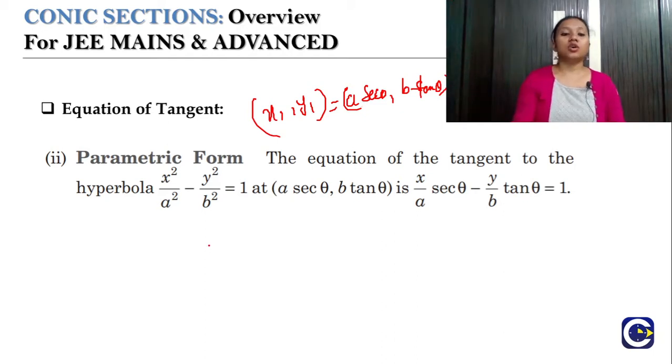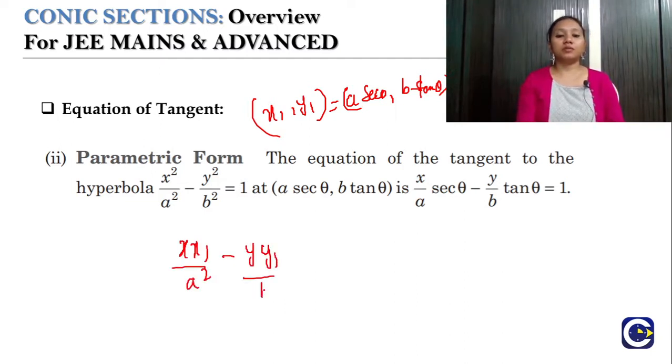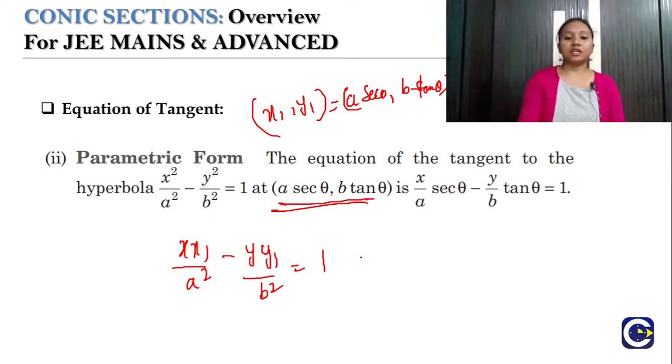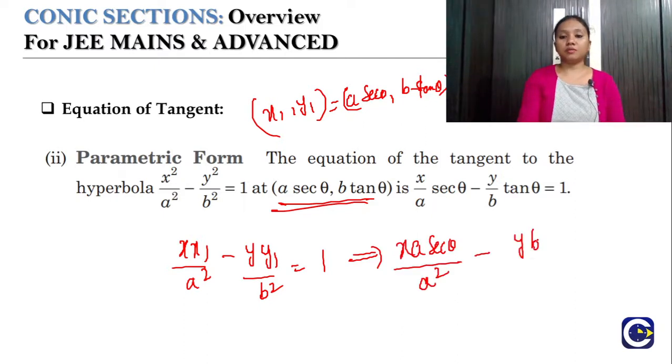So what is our point form of equation of tangent? That is xx1 by a square minus yy1 by b square is equal to 1. According to my parametric format, in place of x1 and y1, I have a secant theta and b tan theta. Let's substitute that. x times a secant theta by a square minus y times b tan theta by b square is equal to 1.